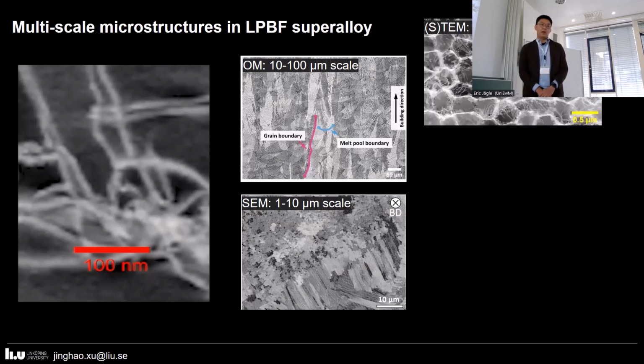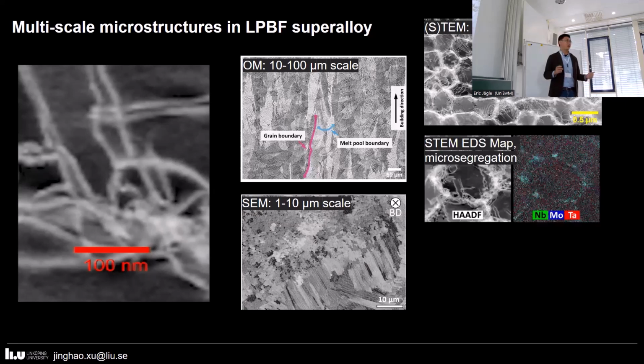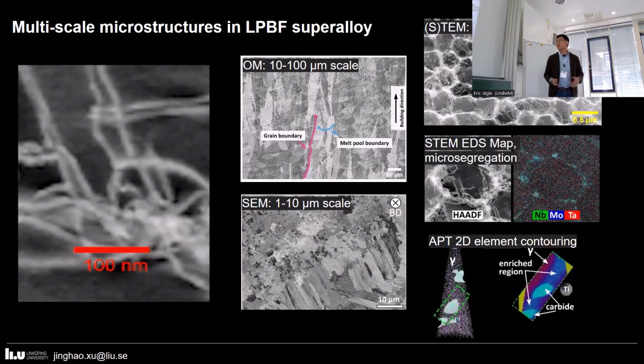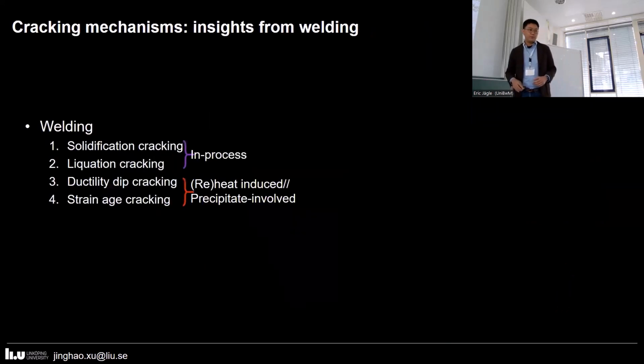Under the TEM scale, at those cellular boundaries or the last solidified region, they are composed of a very high density of dislocations. This region also carries segregation information, which can be confirmed by atom probe tomography. For example, in this case, the two-dimensional element contour map shows titanium is enriched in this so-called interdendritic region.